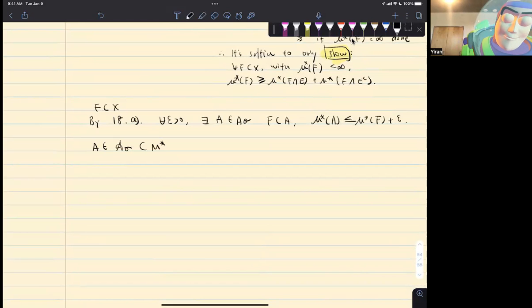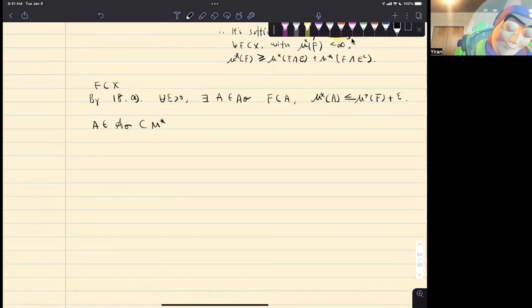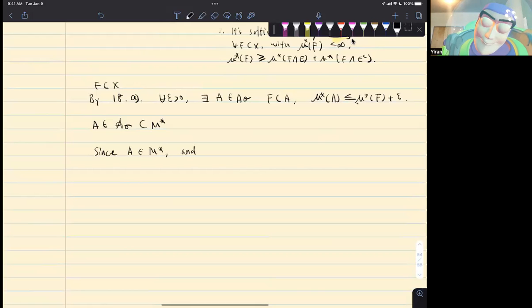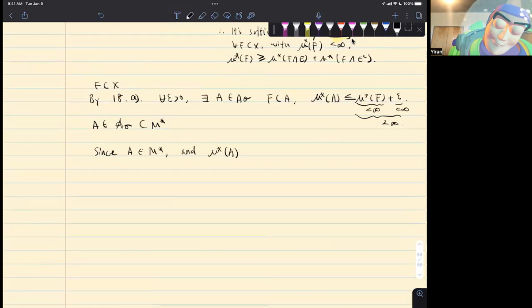So A is M star measurable. Notice that we assume this is finite and this is finite, therefore this is finite. So mu star of A is finite.